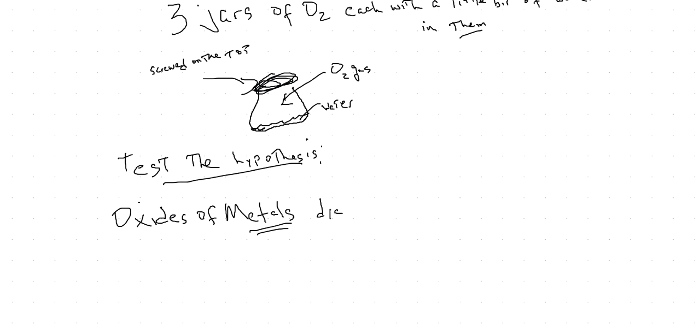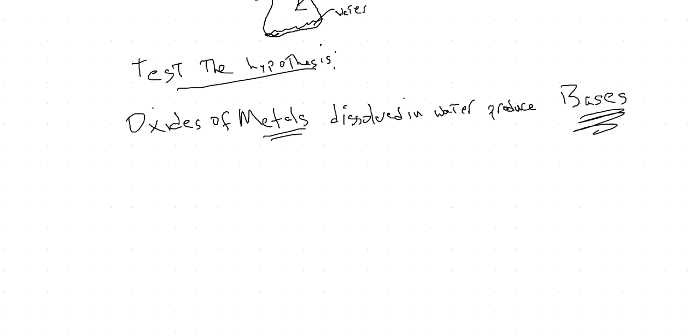That's why we have some water in there, and that's why there's oxygen. Oxides of metals dissolved in water produce what are called bases.